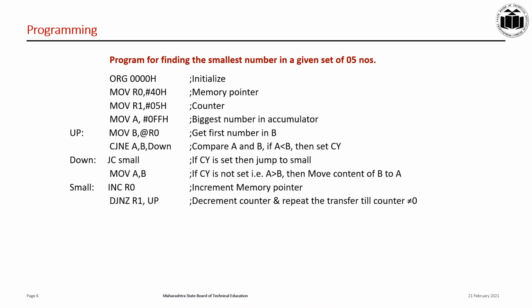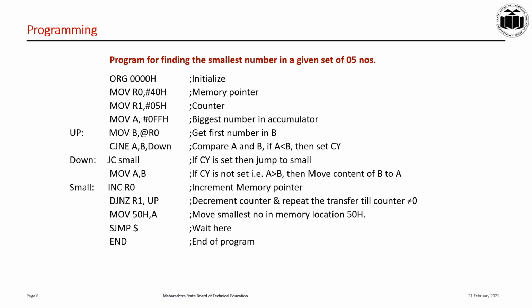If the counter is not equal to 0, then it will jump to the label up, and if the counter is 0, it will get out of the loop. After this instruction, the resulting smaller value will be in the accumulator. So we will move the smaller value to memory address 50H by using the instruction MOV 50H, A. So at last we will get the smaller value in memory location 50H.